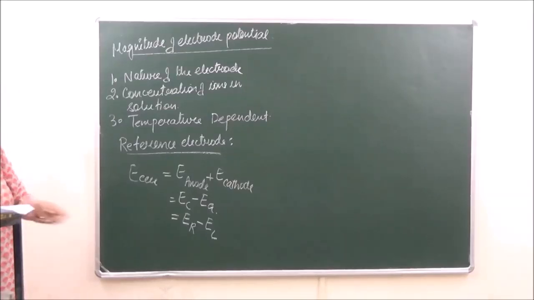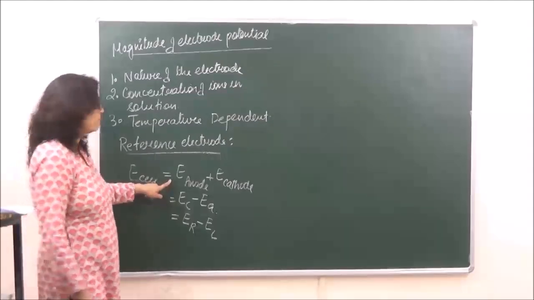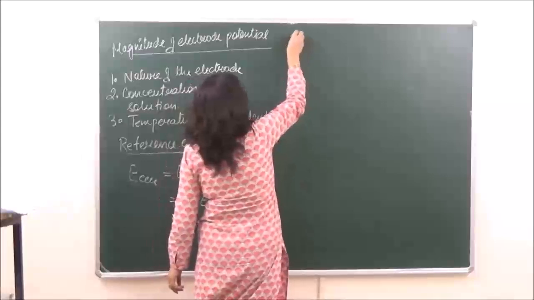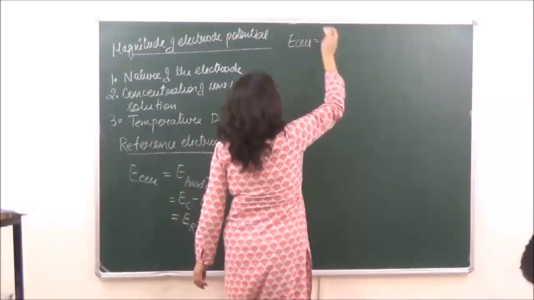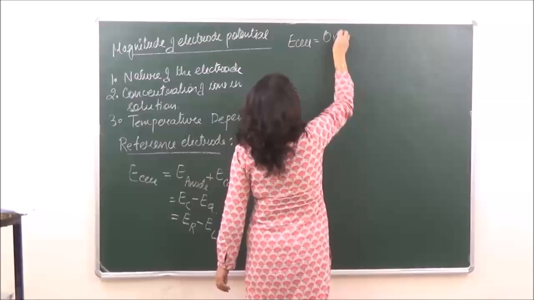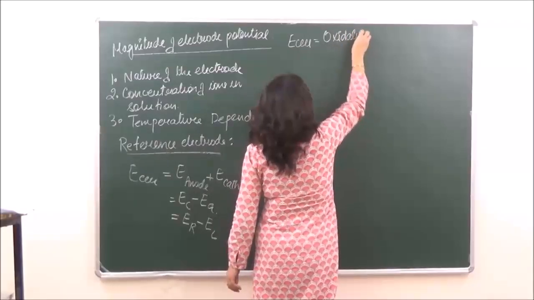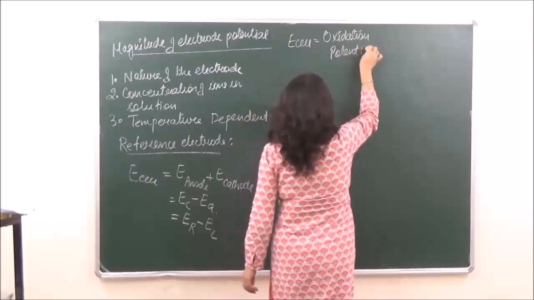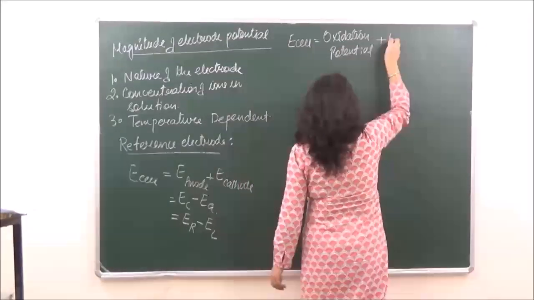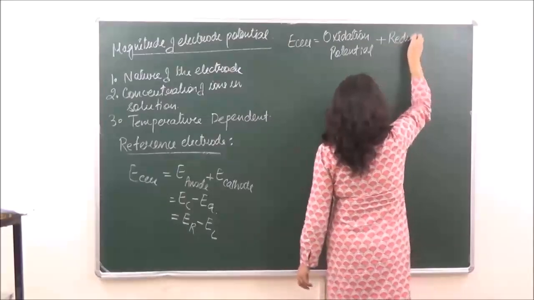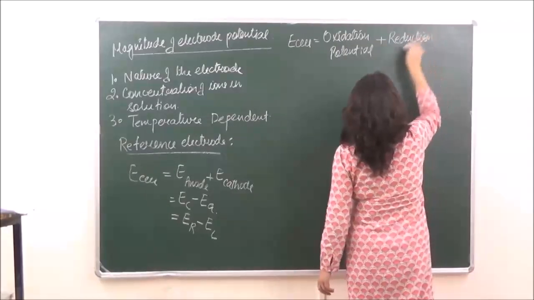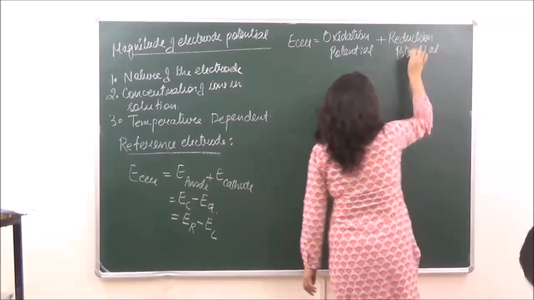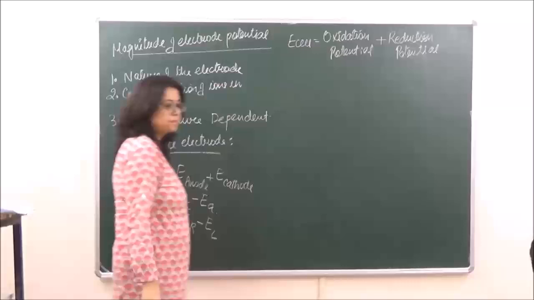Now the reference electrode which we generally take. First, what is happening at the anode? If you want to simplify this further, what is happening at the anode? Oxidation. So we say that E cell is equal to oxidation potential plus reduction potential.